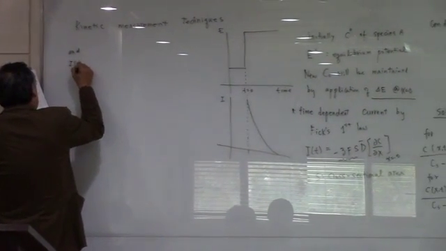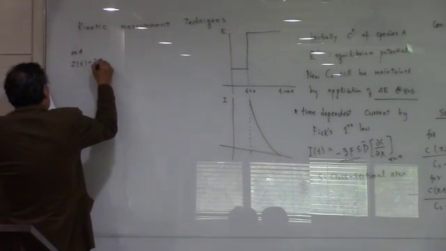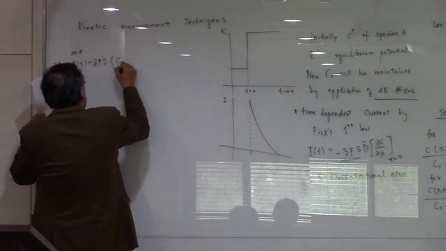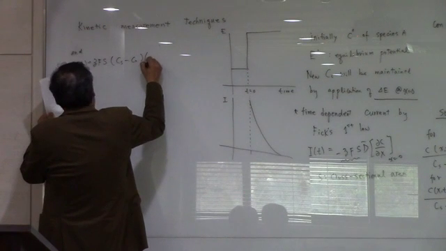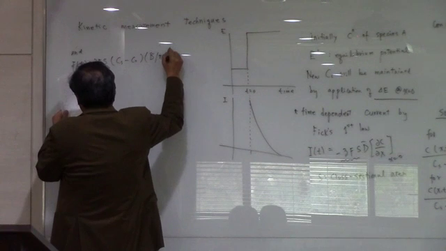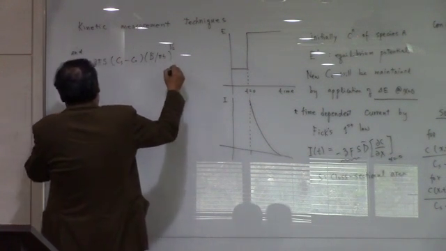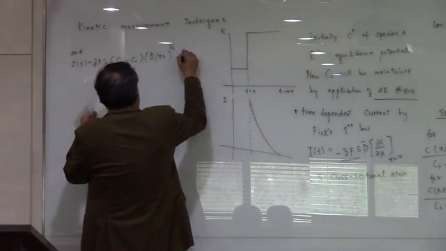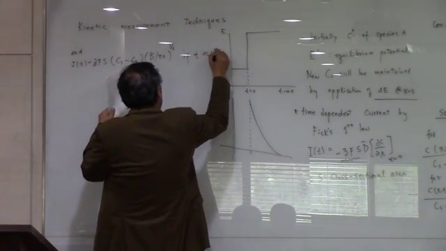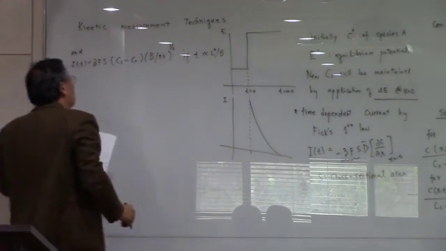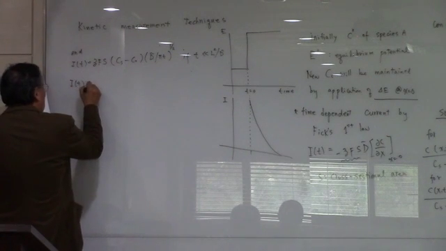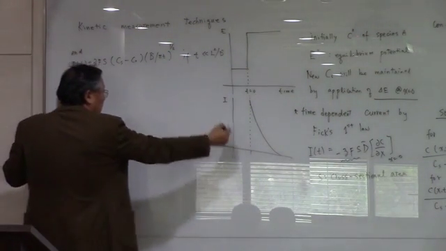And I(t) now is equal to ZFS, CS minus C naught. And the current. Now we're talking about this profile, okay?